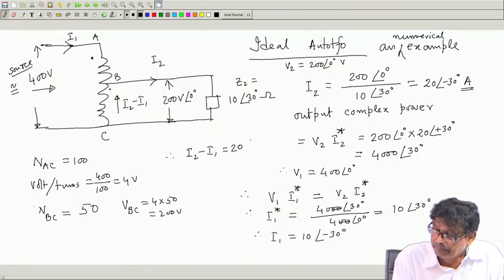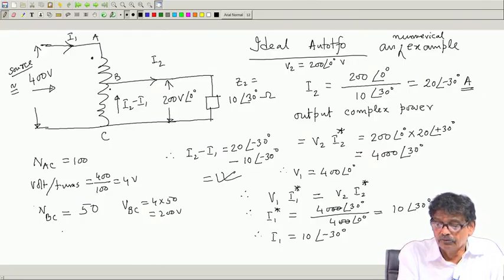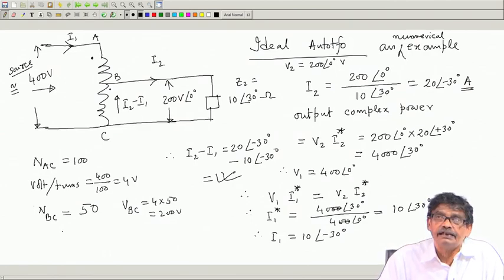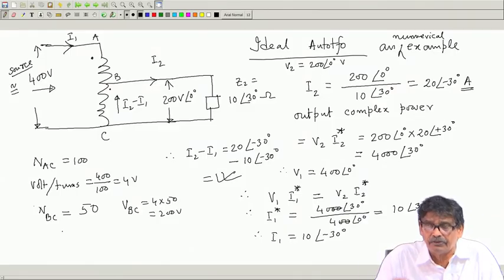So, 20 angle minus 30 degree minus I 1, which is 10 angle minus 30 degree, whatever it comes. So, the current distribution in various parts of this circuit can be easily calculated, provided of course, the transformer is ideal. Winding resistances are not there, leakage reactances are not there, such that V 1 becomes E 1, V 2 becomes E 2, and so on.